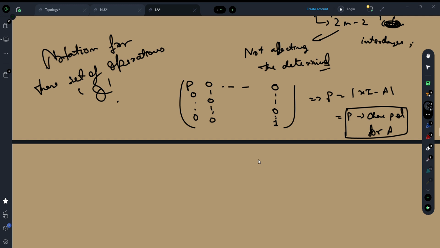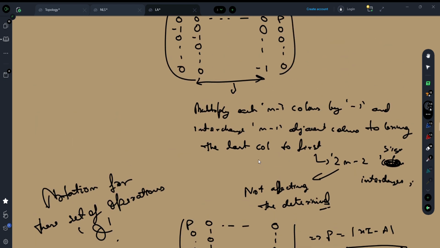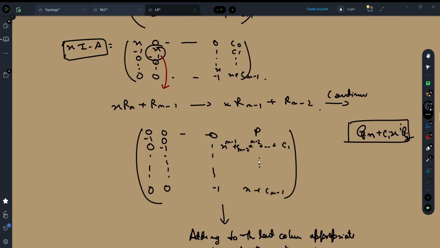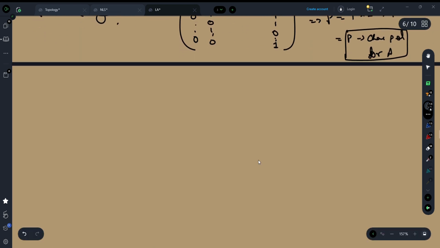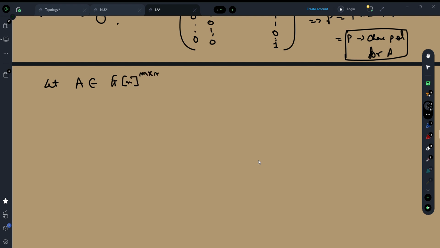Now what have we essentially done here? We have essentially taken the help of some row and column operations as we used to do in the case of matrices over fields. Obviously this matrix which we worked with, the matrix xI minus A, was not a matrix over a field, it was a matrix over the polynomial algebra. Okay, so let A be a matrix over the polynomial algebra. Let me just denote it like this.